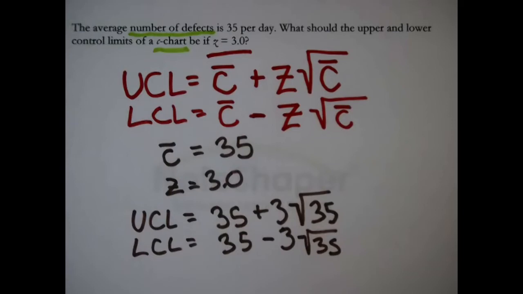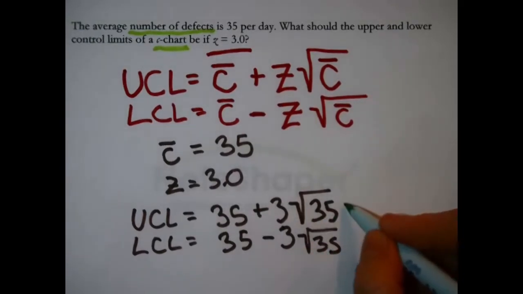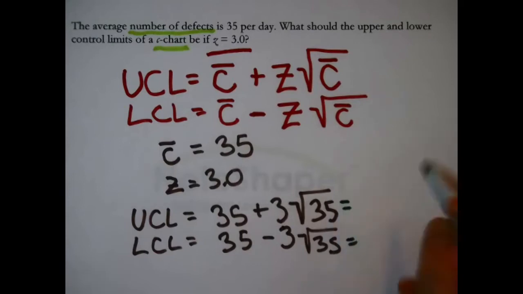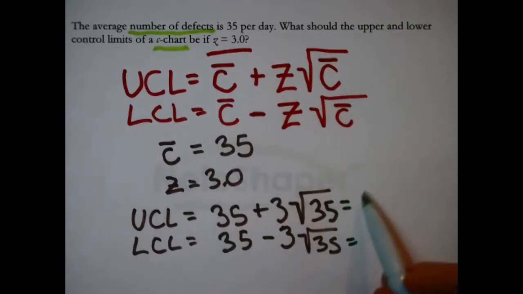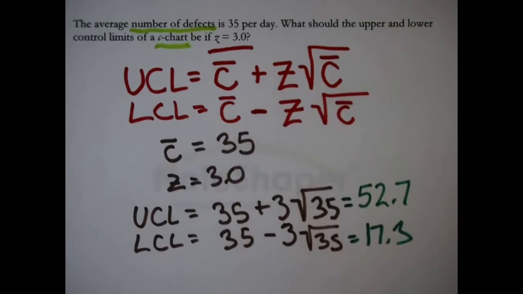On my calculator, depending on how many decimal places you want to save for that kind of messy square root of 35, 35 plus 3 times the square root of 35 gives 52.7 for the upper control limit, and 17.3 for the lower control limit.